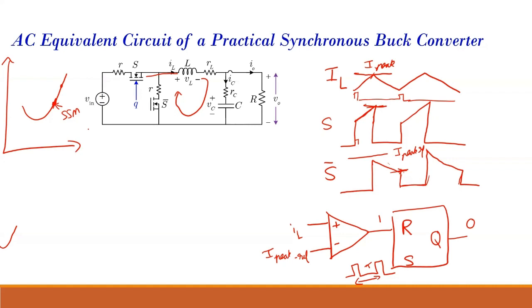Although it consists of inductor, resistor, capacitor, which are linear, because of the switching, it is changing from one mode of operation to another mode of operation. Hence, it is a switched linear system and it is a non-linear system because there is a discontinuity. That is why we make the small signal model to represent the averaged behavior of the DC-DC converter.